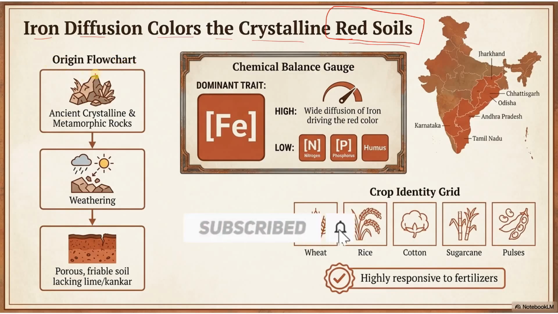The origin flowchart is that the ancient crystalline and metamorphic rocks go through the weathering process, and after that it becomes the red soil, a porous friable soil lacking lime or conchod. There is no lime and conchod.